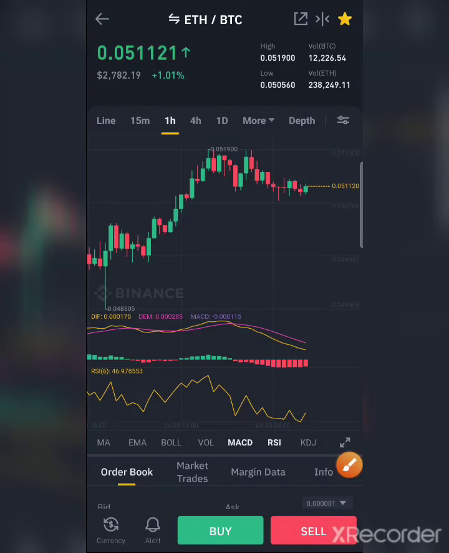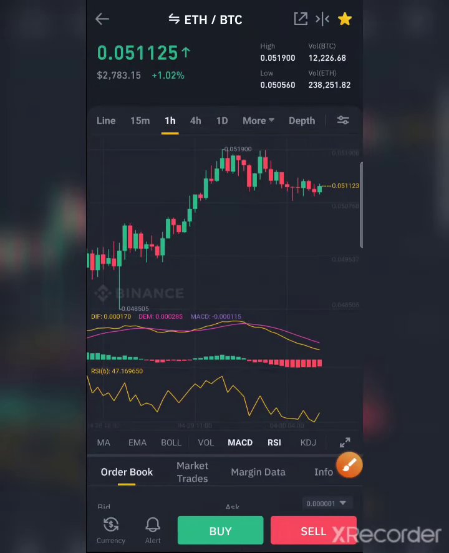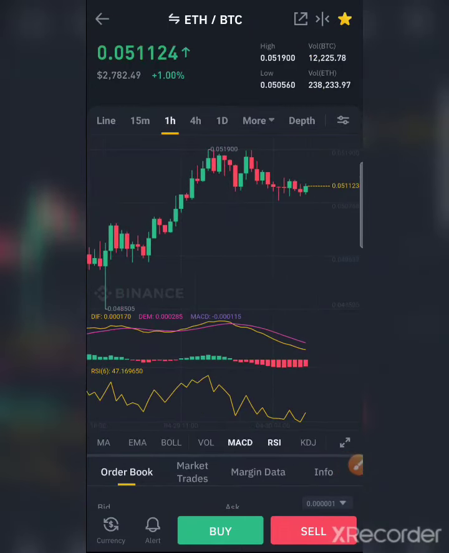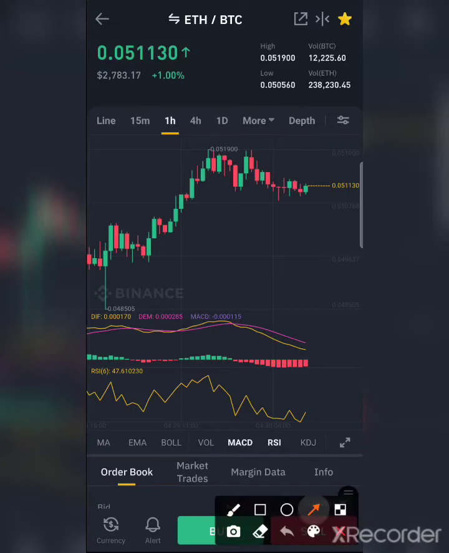Quickly, let's assume we have made the whole analysis that this coin is in a nice position to buy, so that when it pumps, we take our profits. Now it is dumping, but if you buy here, it's not bad because it is already forming what we call a double bottom. Using this to analyze it, it's trying to go up. You can see it's pointing upward now, so probably it will go up soon.